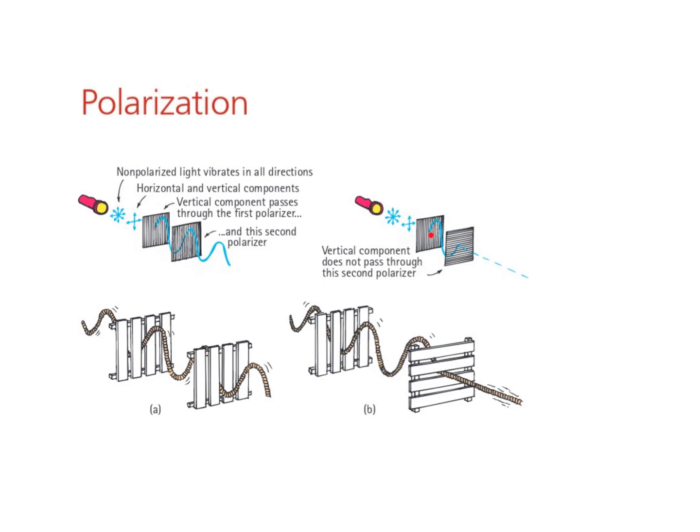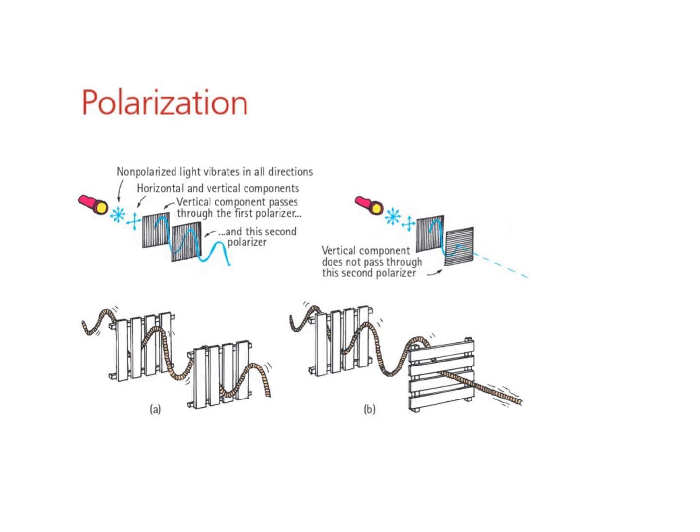Once it passes through this vertically oriented polarizer, only the up and down vibrations are allowed. Now, when it gets to the second polarizer, only left-right vibrations are allowed, but there are no left-right vibrations because they've all been filtered out by the first polarizer. So the light will be completely blocked.